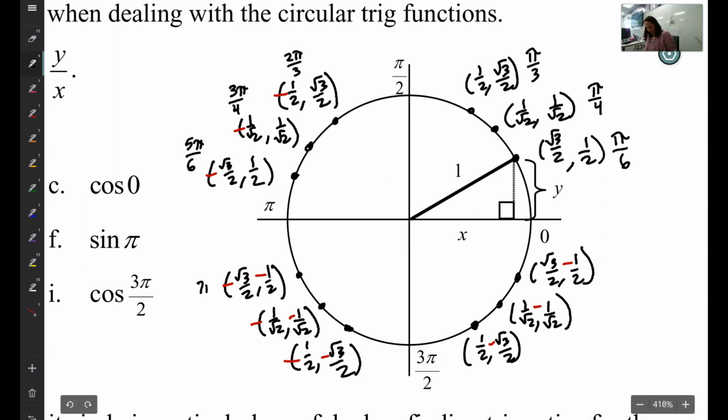I can come down here doing a similar thought process. I get 7pi/6, 5pi/4, and 4pi/3. This one will be 5pi/3, 7pi/4, and 11pi/6. Okay, so I've got those.